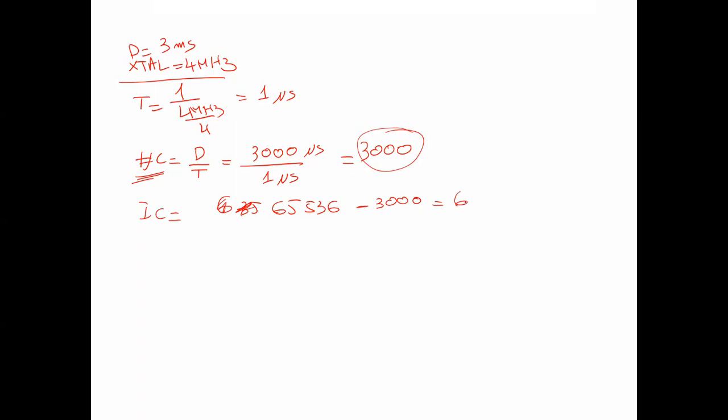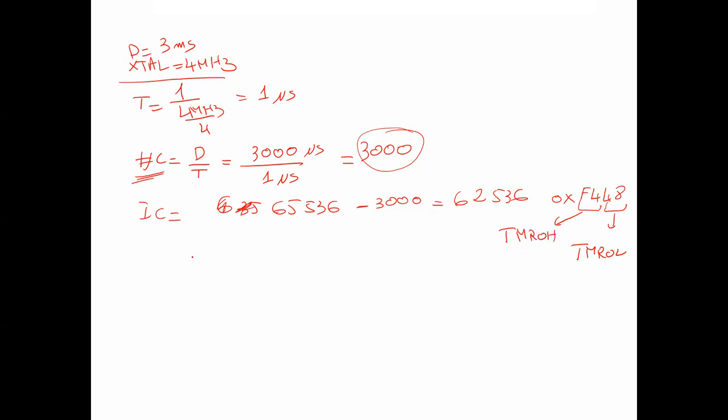Yalla, 62,536. So we have to convert this to hexadecimal. F448. So this is the value of timer 0 low, and this is the value of timer 0 high.